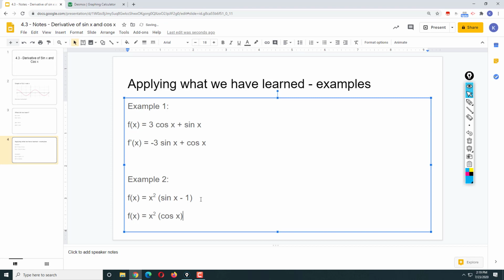So the first term is x squared times cosine x, plus the derivative of the first term, which is 2x, times the second term. In other words, if f of x is x squared times sine x minus 1, then f prime of x will be x squared times cosine x plus 2x times sine x minus 1. Okay? So that's it for this video.